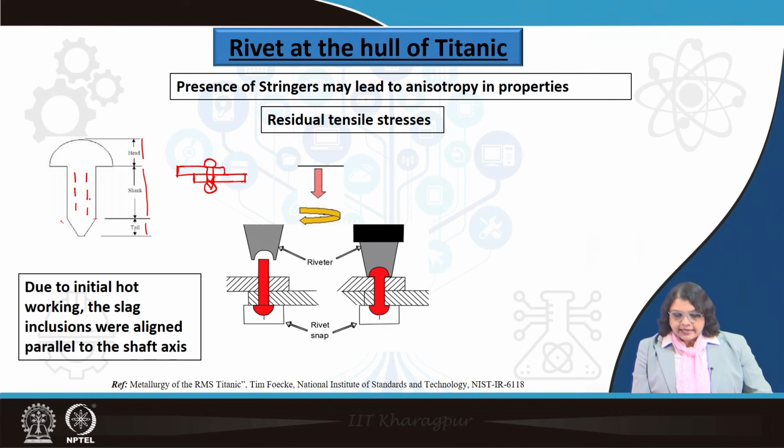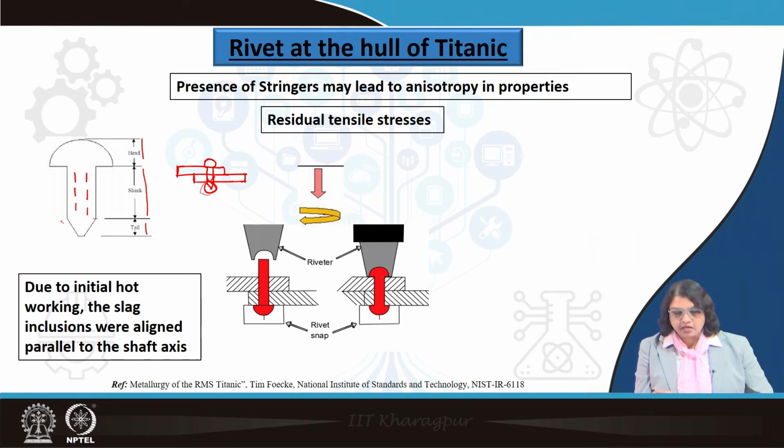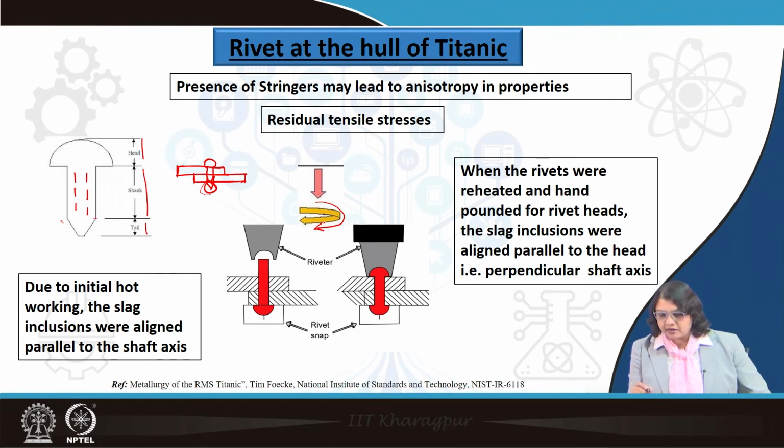Now, the next step is when we put the other head on the tail part, and this is also done at high temperature, and we apply a torque to this. When we do this at high temperature and hand pounded, the slag inclusions are aligned parallel to the head.